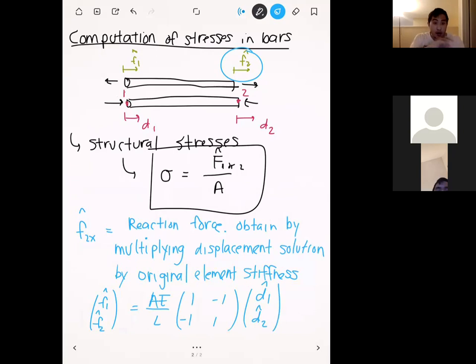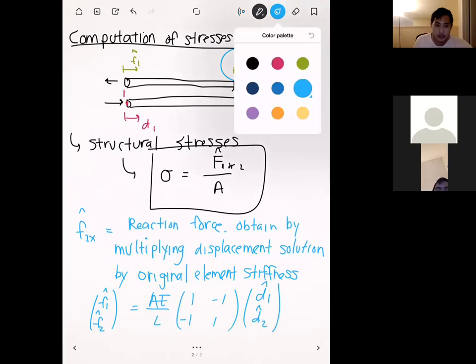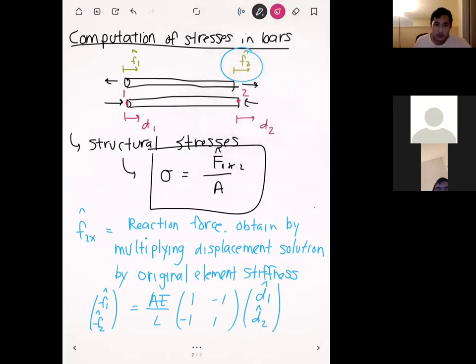That's how we obtain our reaction forces. But in this particular case, we're only interested in just one of these solutions, because in order to compute the stress, we can do it from just one of them. So let's just take the bottom row here, and then we'll turn that into a matrix equation.